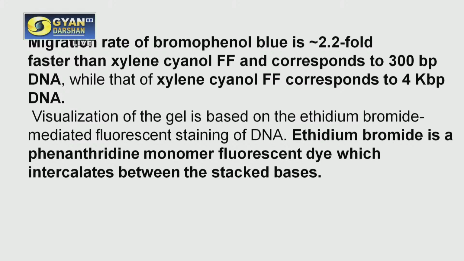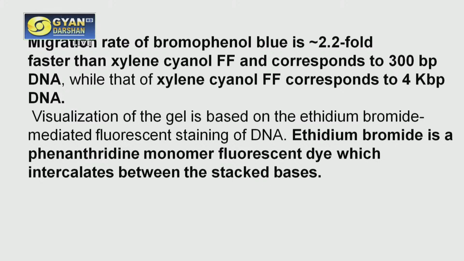Because you are sure that wherever you will find bromophenol blue, that is 300 base pair. So if your DNA is around 500 base pair, then make sure that the bromophenol blue does not come out of the gel. Okay? And even if the bromophenol blue is in the mid of the gel, you will be able to track the 500 base pair DNA.